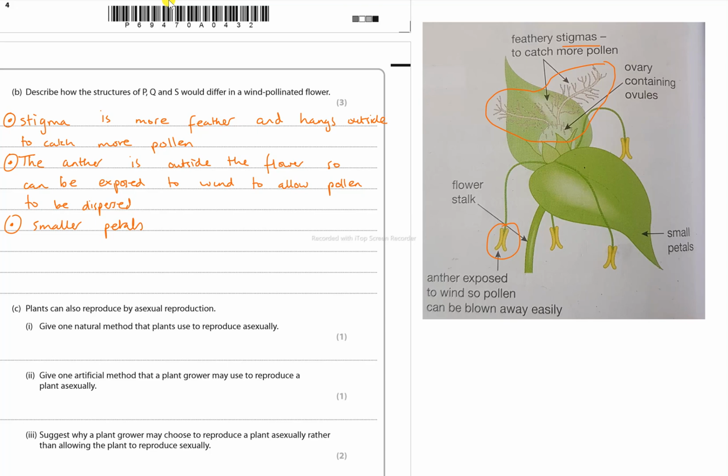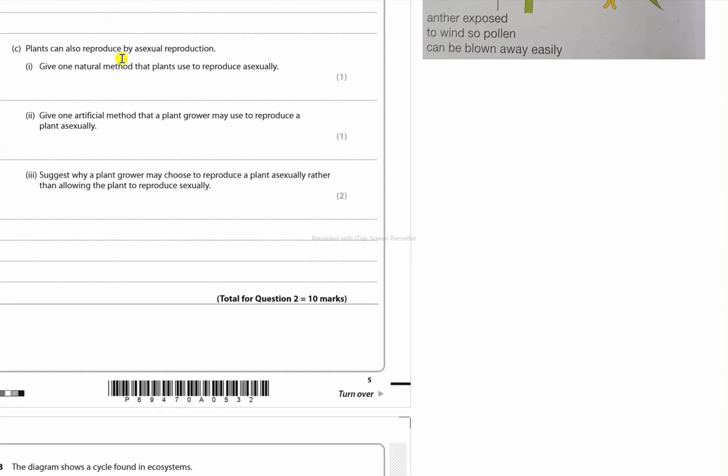Smaller petals and not colored, as it does not need to attract insects.